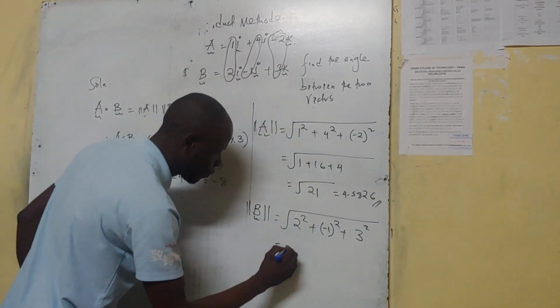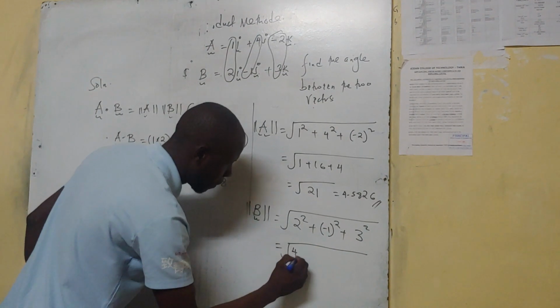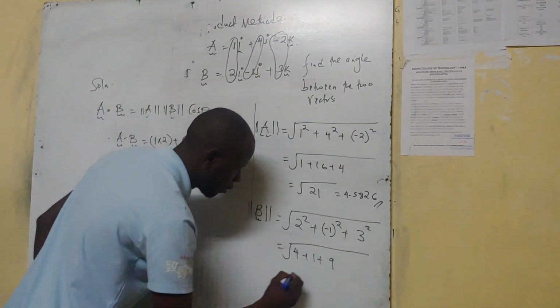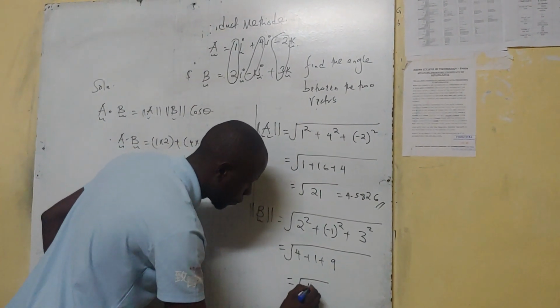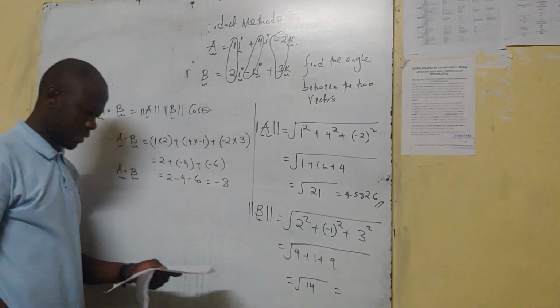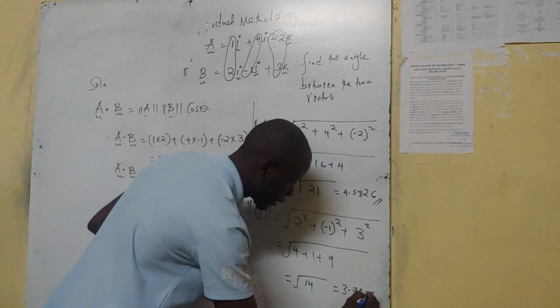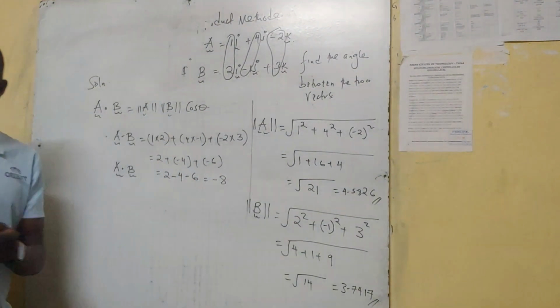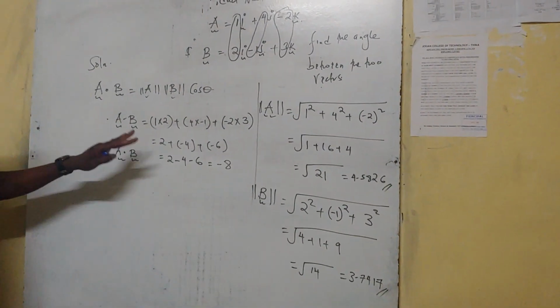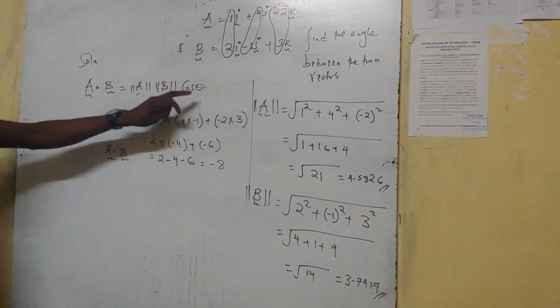So this will give you 4 plus 1 plus 9, which will give us root of 14, which to 4 decimal places is 3.7417. So in the formula, we have all three things except one, cos theta.